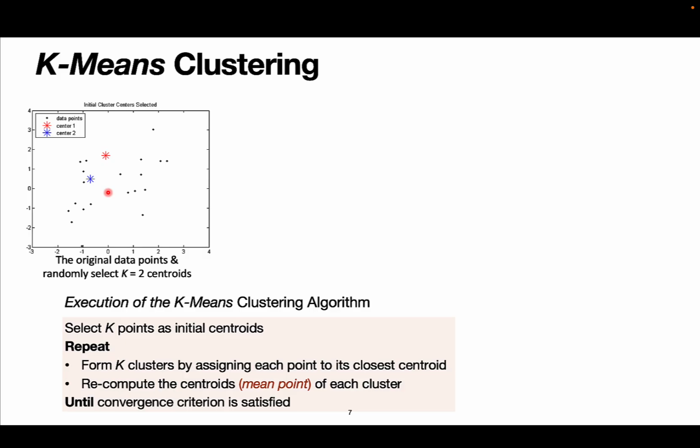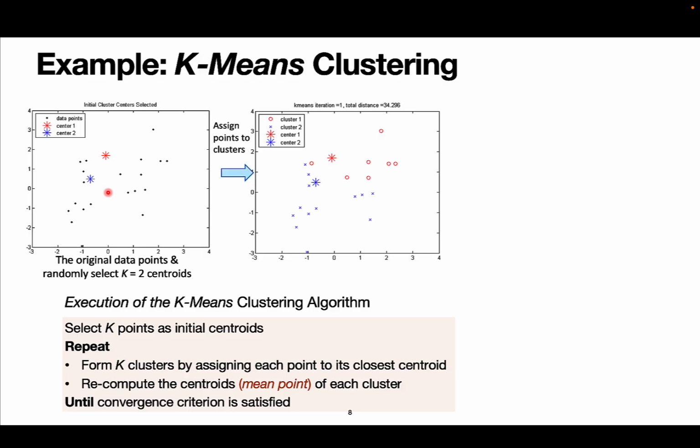Next, each data point looks at both centroids and computes its distance to each one. Whichever centroid is closer, that is the cluster that it's going to join. So if a point is closer to the red star, it joins the red cluster. If it's closer to the blue star, it joins the blue cluster.